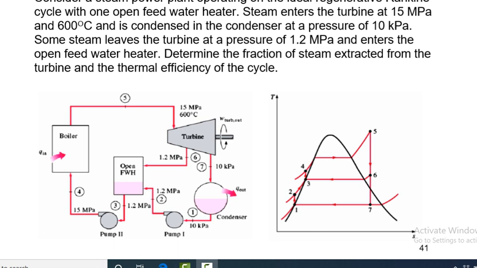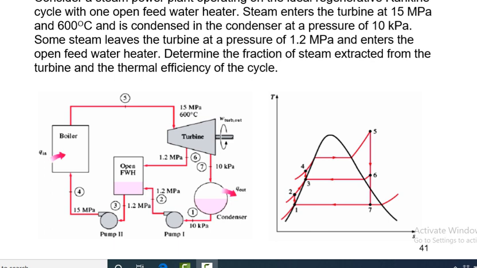Some steam leaves the turbine at a pressure of 1.2 megapascal and enters the open feed water heater. At the same time, the remaining steam enters the condenser section. The steam entering the open feed water heater is at a pressure of 1.2 megapascal, and when the steam enters the condenser section the pressure is 10 kilopascal. This is the input data given.